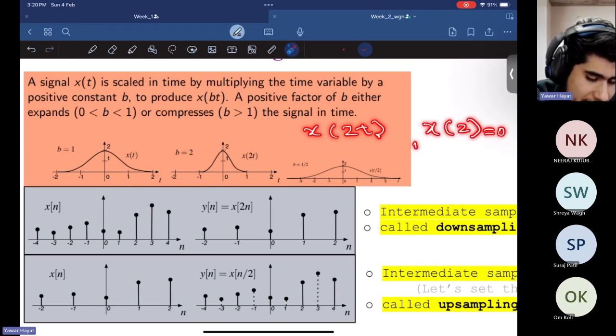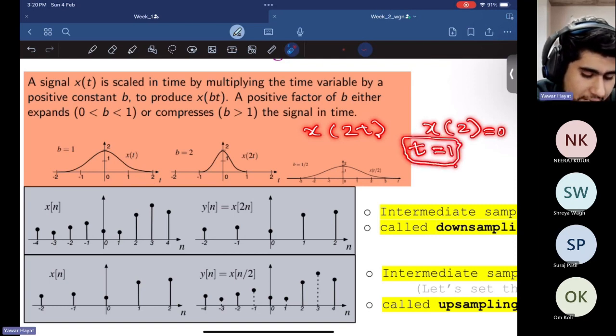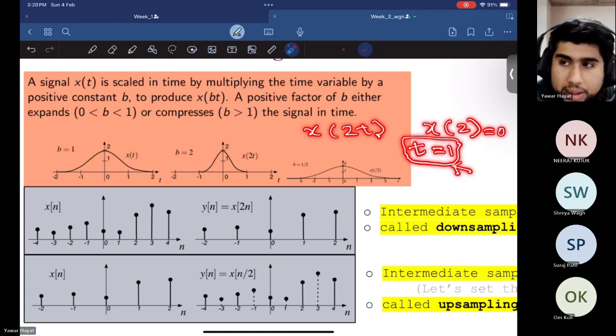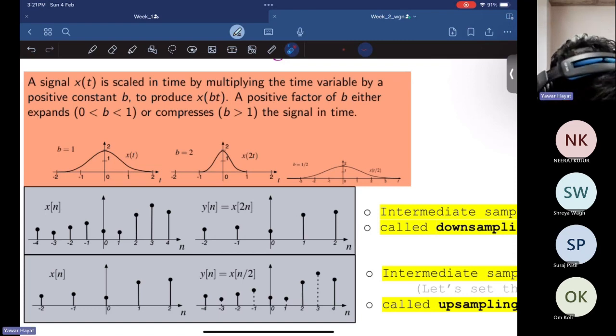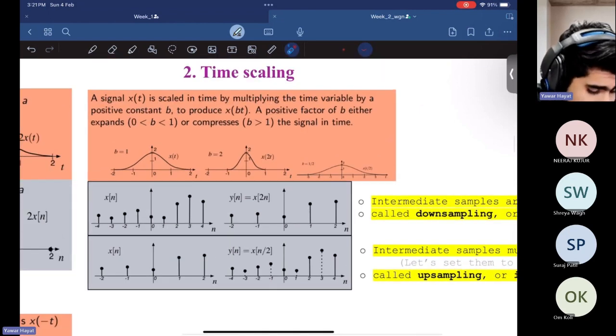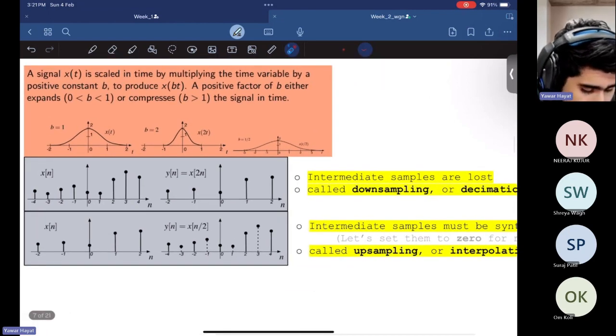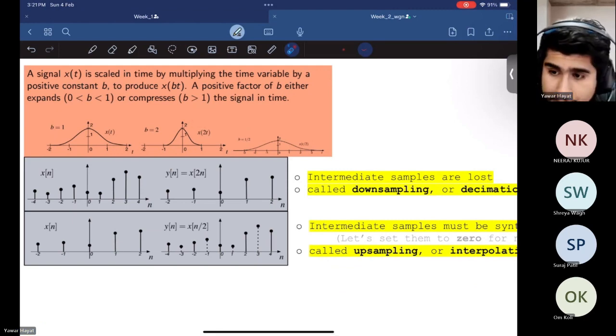So this means that now that 0 would occur at t equal to 1. So I hope this compression transformation is clear. And similar is the case with this expansion operation. I hope this is clear. You can go through this. This is analogous to this compression operation.